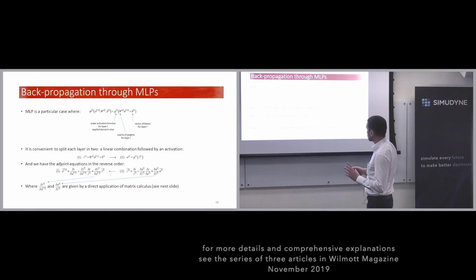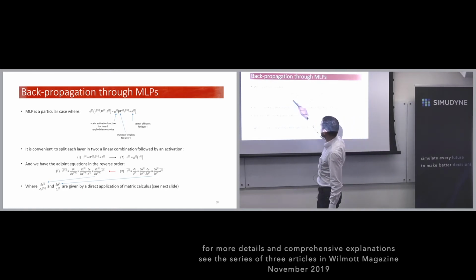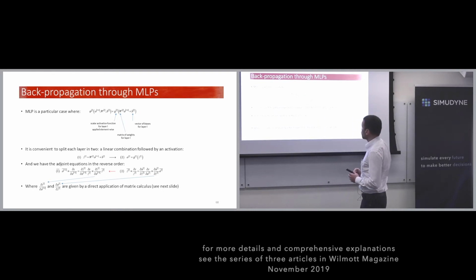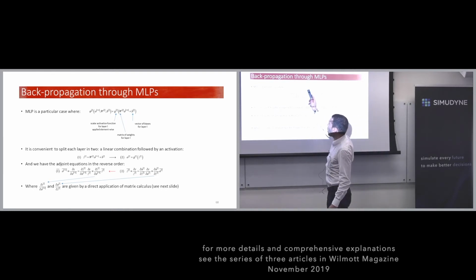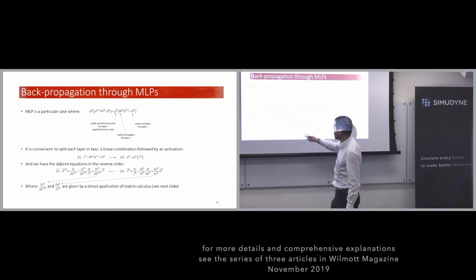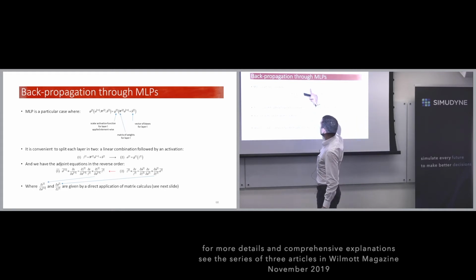Now, in order to compute the derivatives, it's actually convenient to split this layer into two operations. So we say that this is actually not one layer, this is a sequence of two layers. First, I take this linear combination of the A(L minus 1), I call it ZL, right?